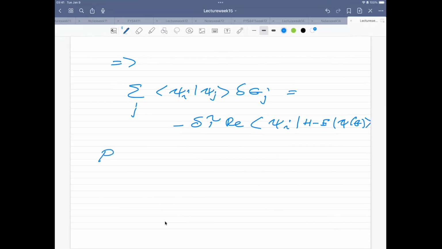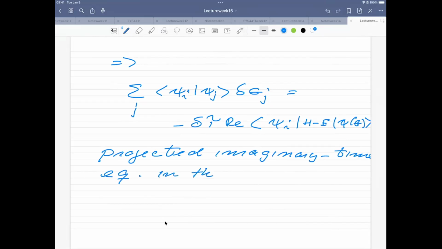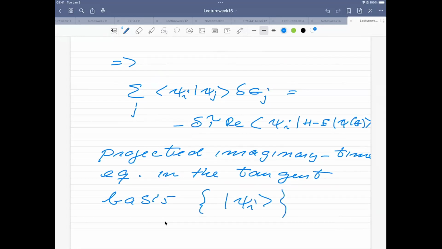And this is a projected imaginary time equation in the tangent basis. So the derivatives of the variational ansatz in the tangent basis of psi i. So these are the derivatives of the wave function with respect to those parameters. So that's the stationary condition which we want to fulfill.